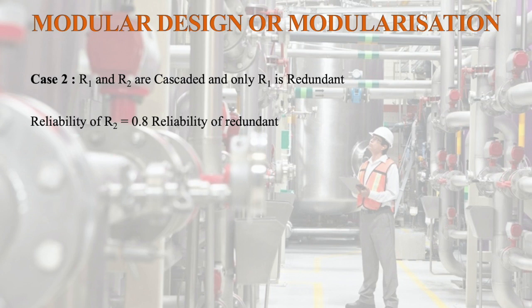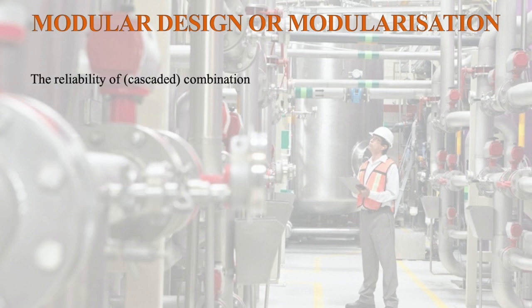The reliability of R2 is equal to 0.8 and the reliability of redundant R1 is 1 minus F square, that is 1 minus 0.5 into 0.5, which is equal to 0.75. Thus the reliability of the cascaded combination is 0.8 into 0.75, that is equal to 0.6.